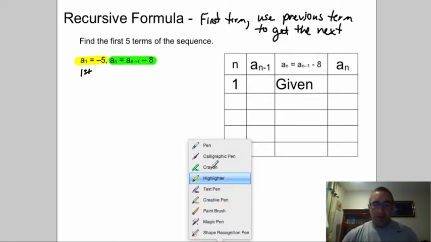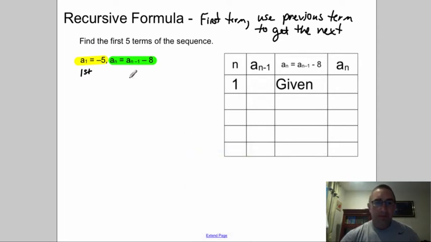But notice, in that formula, the a sub n minus 1, because it's n minus 1, that's where we're going to plug in the previous term, whatever that previous term is, and then we're going to subtract 8.